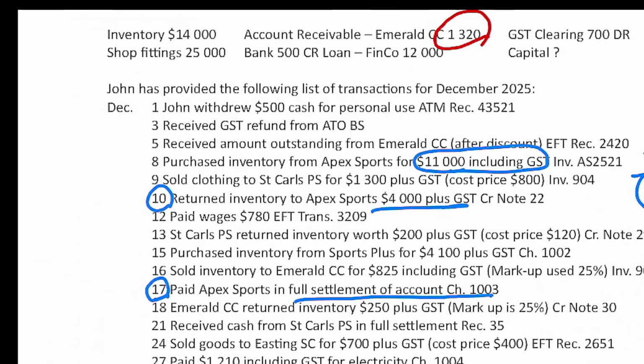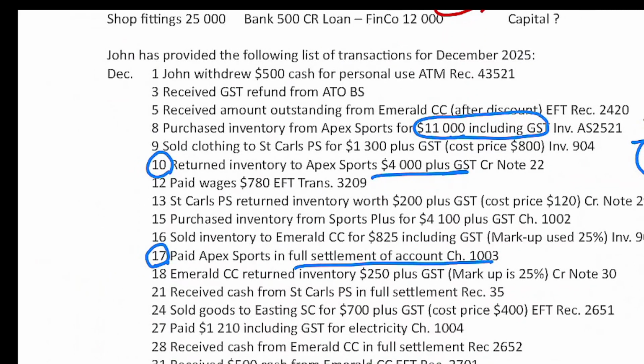Right. Now, the question, how much are we settling? How much are we paying in cash? Full amount 6,600? You sure? Paid Apex in full settlement of account. You are missing something.